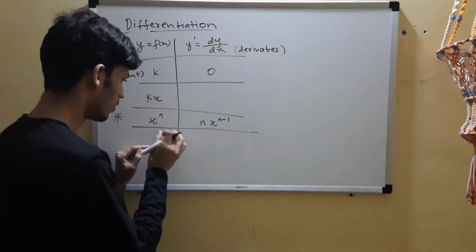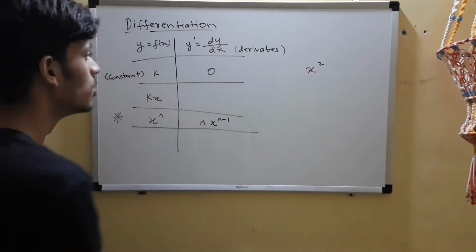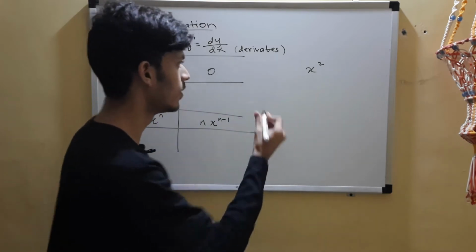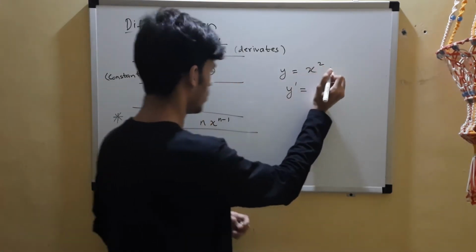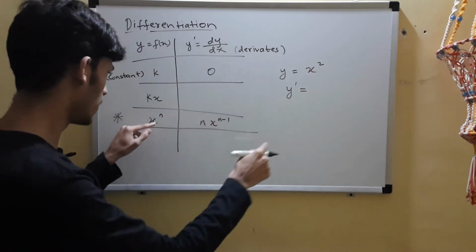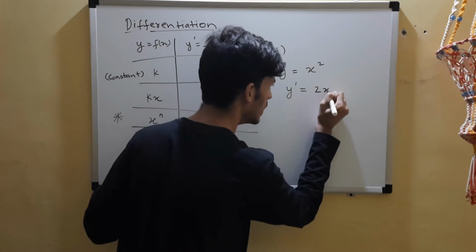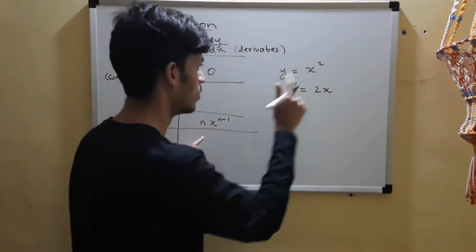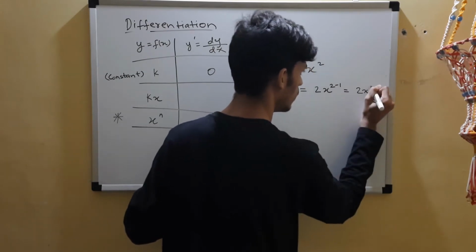Let's take an example, x square. What will be the differentiation? This is y. I'm directly using y dash now. So n x raised to n minus 1. Here n is 2, so 2 x raised to 2 minus 1, which is 2x raised to 1.